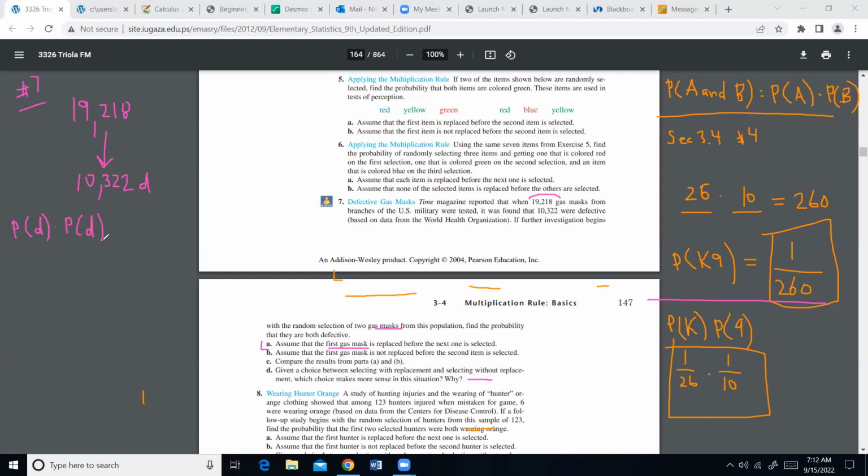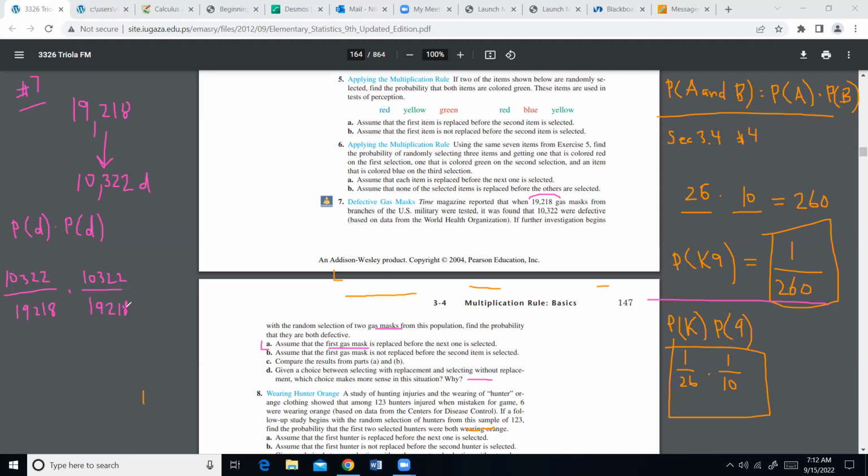And one and the other, we just noticed, we just multiply one by the other. So I actually take that 10,322 over 19,218 and multiply it again by the same nasty looking fraction, and that'd be the answer, right? Because and means times, so I multiply it twice.